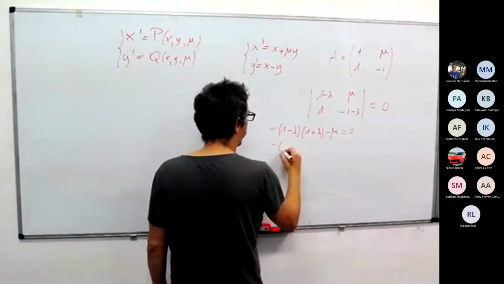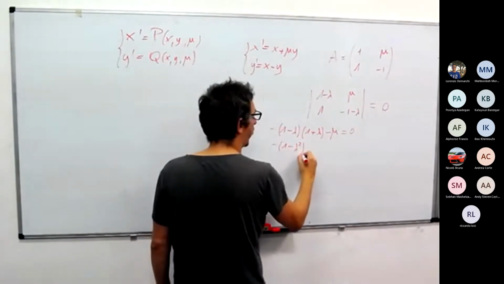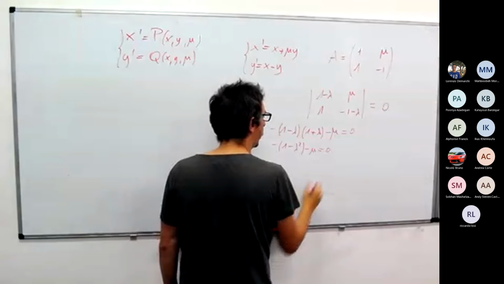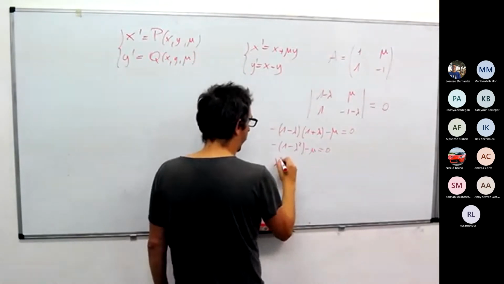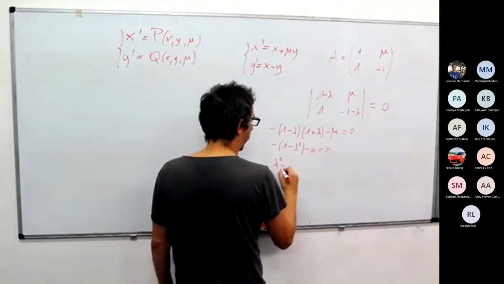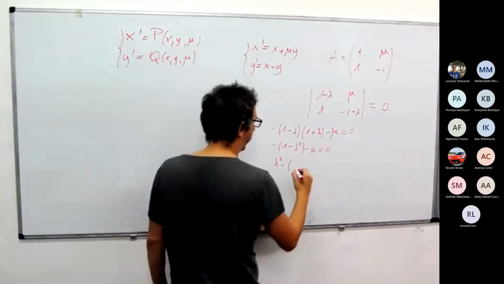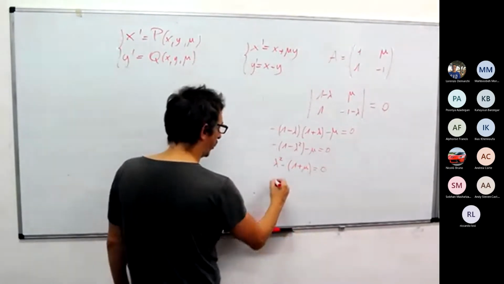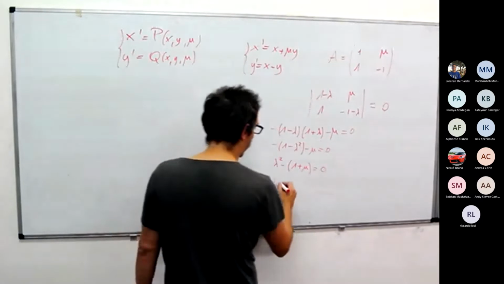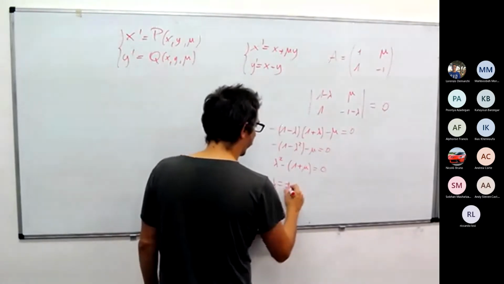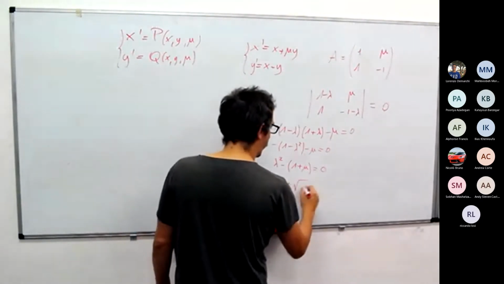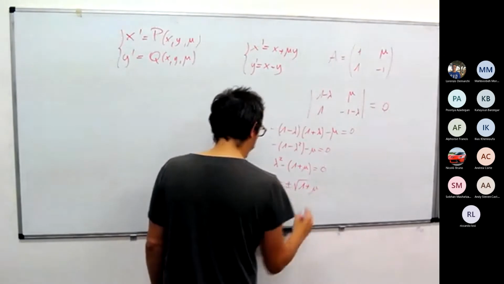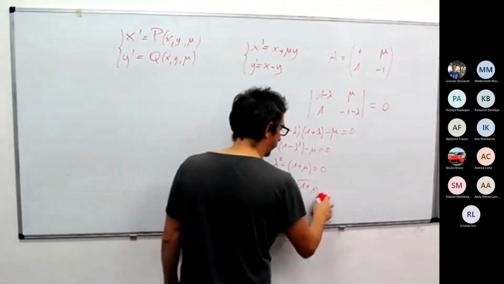So this is minus (1 minus lambda squared) minus mu equal to 0, and I can write lambda squared minus (1 plus mu) equal to 0, whose solutions are lambda equal to plus or minus the square root of 1 plus mu.